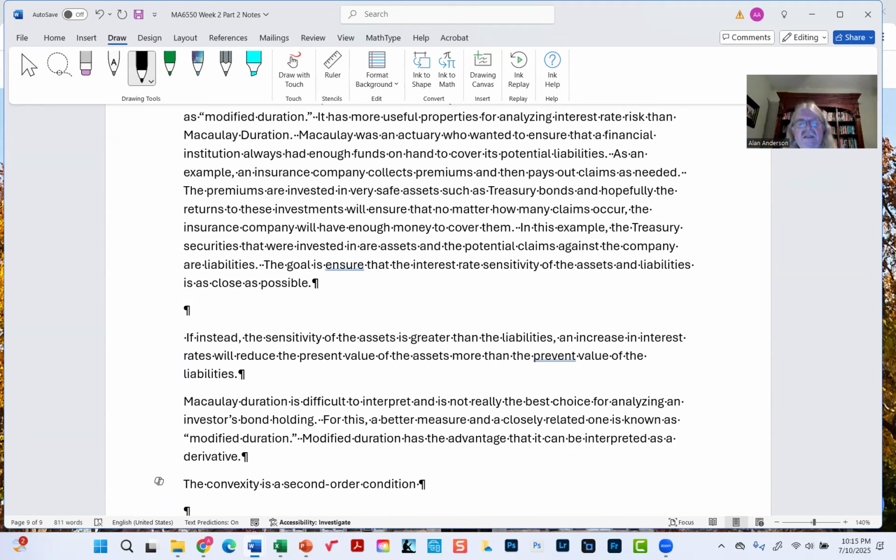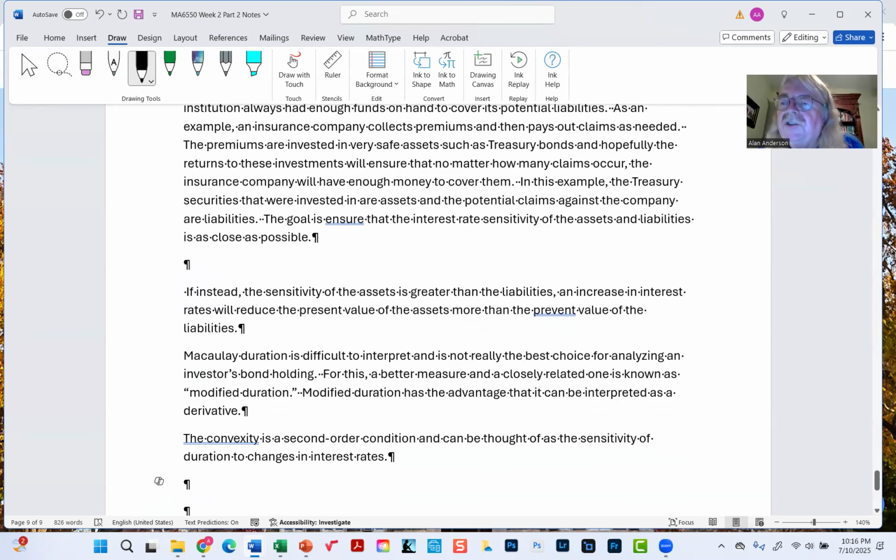The convexity can be thought of as the sensitivity of duration to changes in interest rates. In other words, the duration itself is affected by changes in interest rates. It's not a constant. So it's often important to be able to incorporate both duration and convexity in our measures.